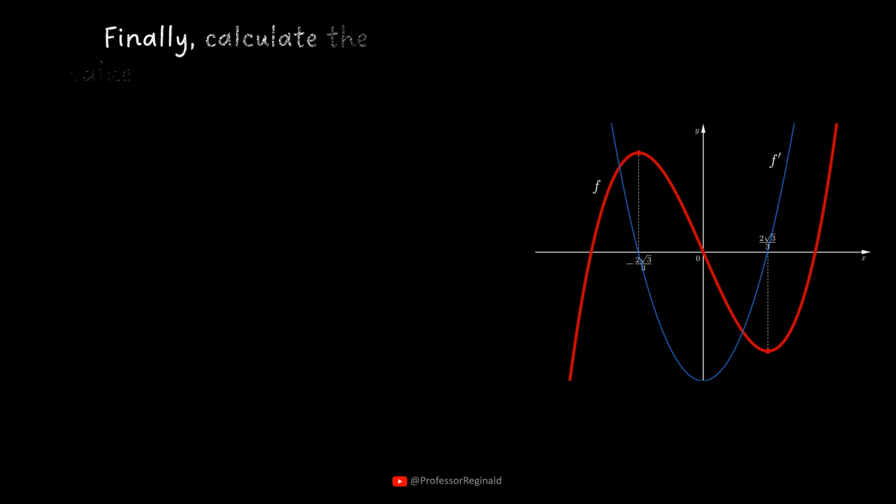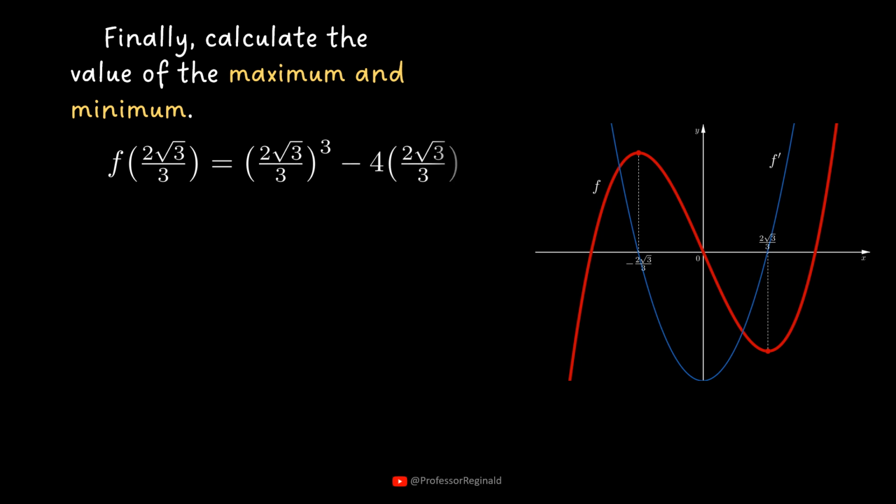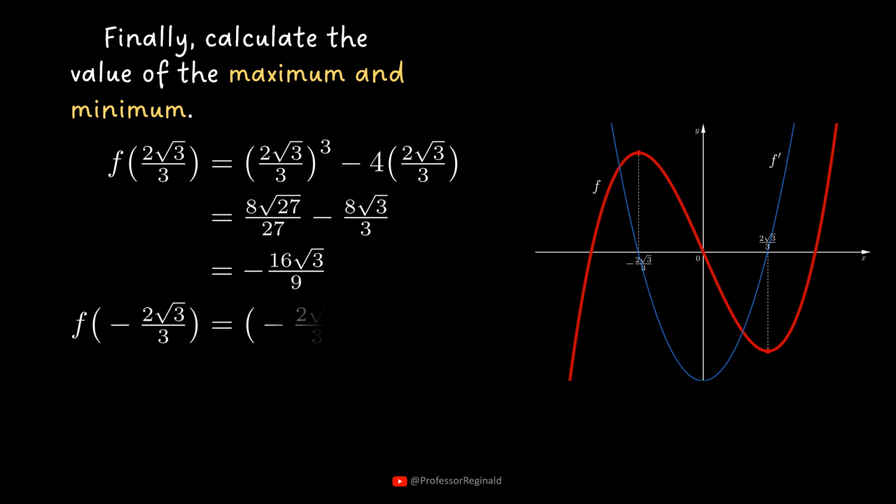Finally, calculate the value of the maximum and minimum. Substitute x equals 2 square root of 3 all over 3. Next, substitute x equals negative 2 square root of 3 all over 3.